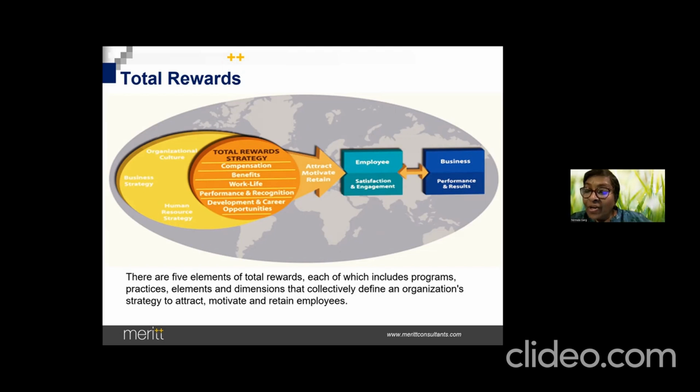So when you do it as a total reward strategy, for example, Infosys, what is their compensation strategy? Their salary, they do not pay more than the 65th percentile. As a general, 65th percentile means I don't pay the top end salary like Google. But what kind of benefits do they give? They're saying, hey, I'll invest in you, ensure that you have a lot of certifications.